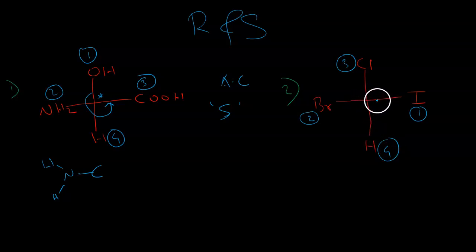Consider only 3. Some students rotate in this manner, this will be wrong. You have to see the location of first and then the location of second. Don't consider the location of fourth. Just rotate in this manner. Now this structure is clockwise. So it becomes an R.